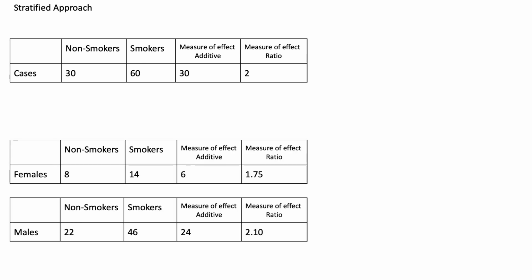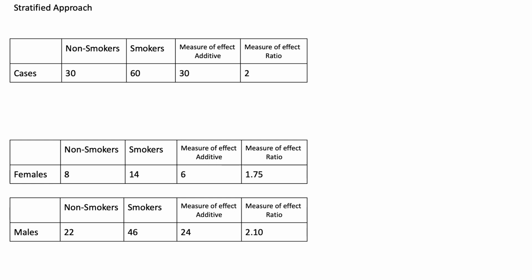So we are trying to still explore the association between smoking and cardiovascular disease, and we can see that overall the association is still remaining the same, meaning the smoker group is twice at risk of developing cardiovascular disease than our non-smokers. But let's see what happens when we stratify by sex. Now, if you observe in the fourth column, which is measure of effect on the additive scale or the risk difference, it's different between males and females.